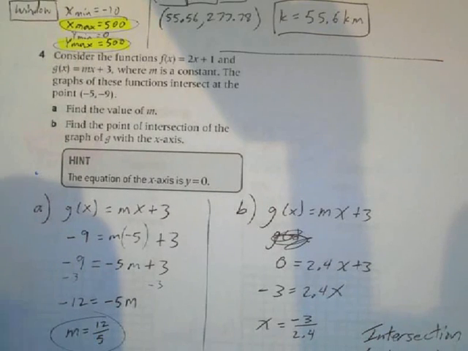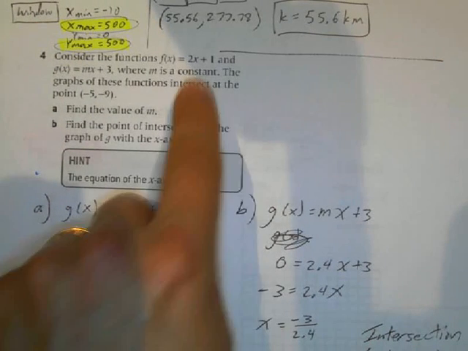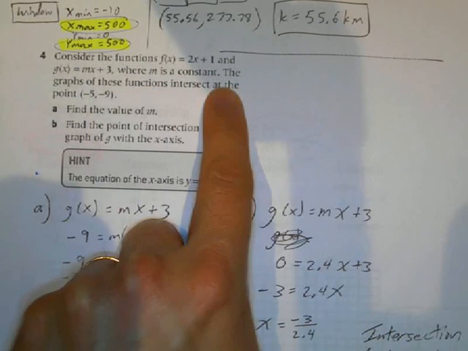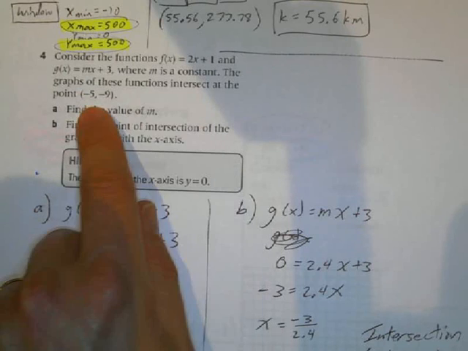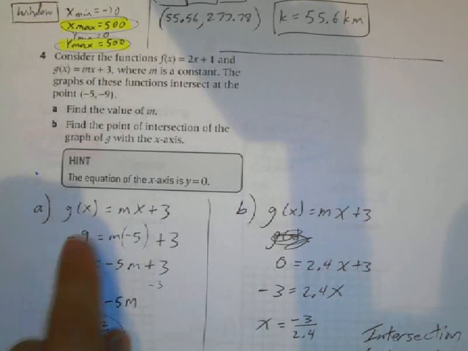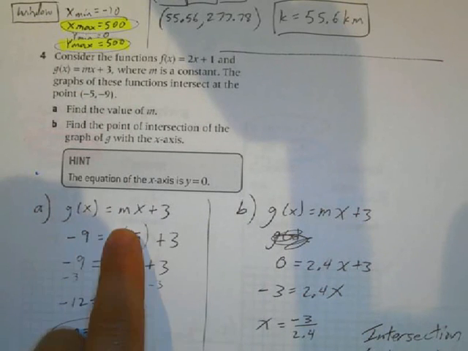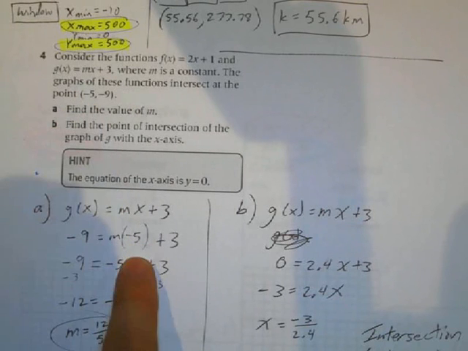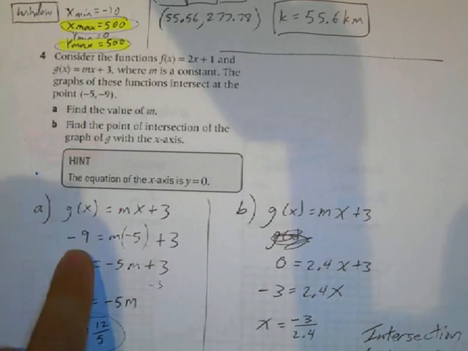Okay, question 4. Consider the function f of x equals this, g of x equals this, where m is a constant, and the graphs meet at this point. Find the value of m. So to find the value of m, which is the slope for that graph, I'm going to plug in 5 in place of x and -9 in place of y, and then I can figure out the slope.